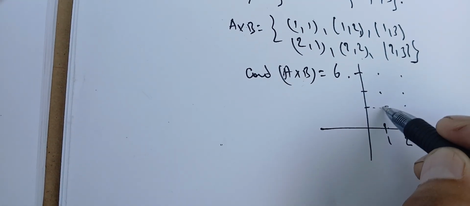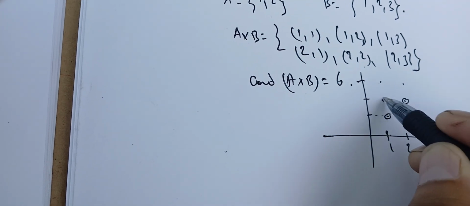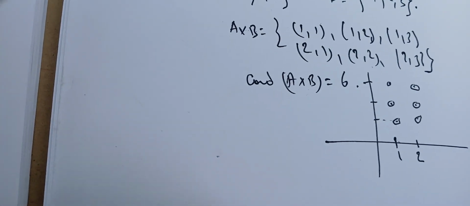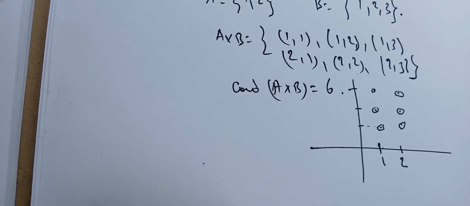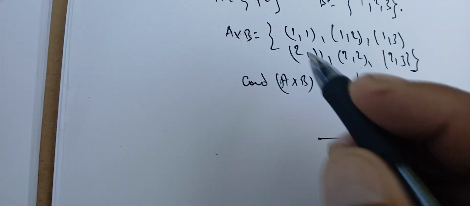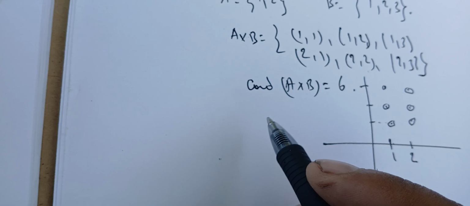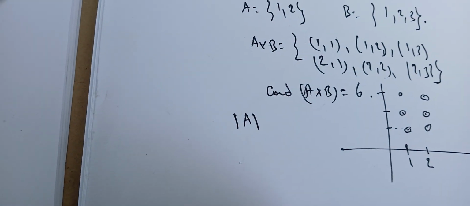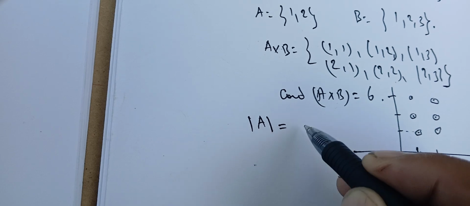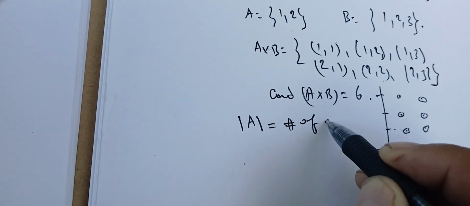And we see that we have 6 elements. We can also denote the cardinality, or the number of elements in the set, by this symbol.